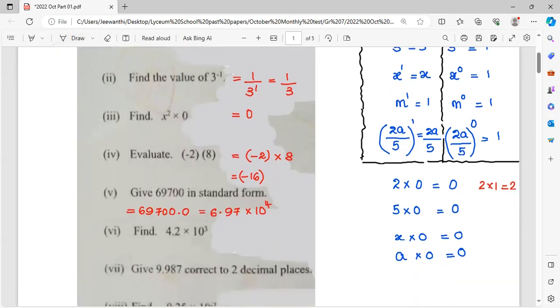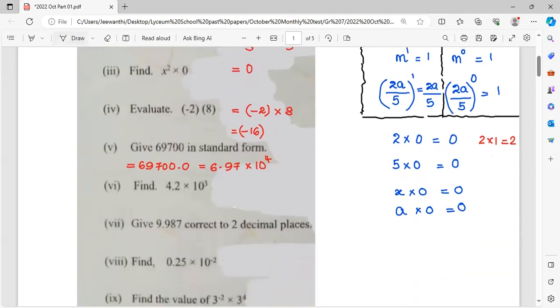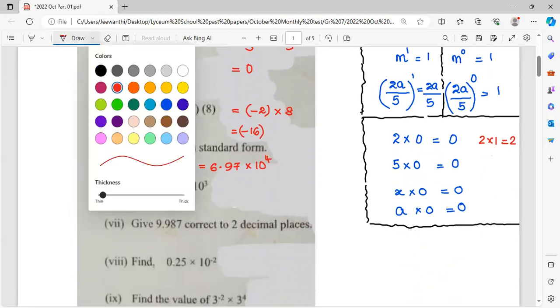Okay. So then we will move to the next one. You don't want to write these extra things when you are doing the exam paper, children. I just mentioned that for your information, right?